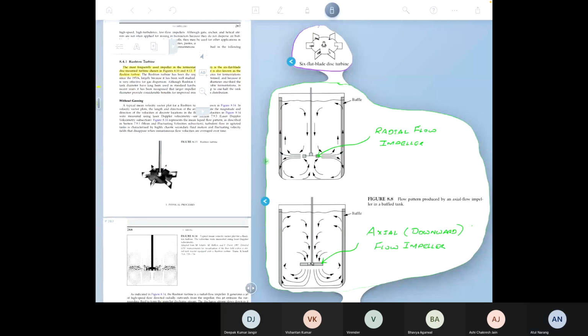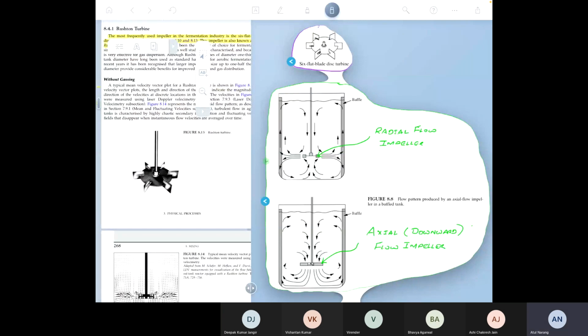Right, this one here on the left side. Can you see that? It says Rushton turbine. This is the same thing as a six flat blade disc turbine. So there's a disc, right? On that disc, there are six flat blades.